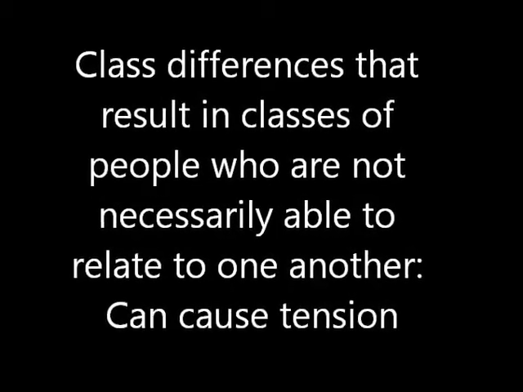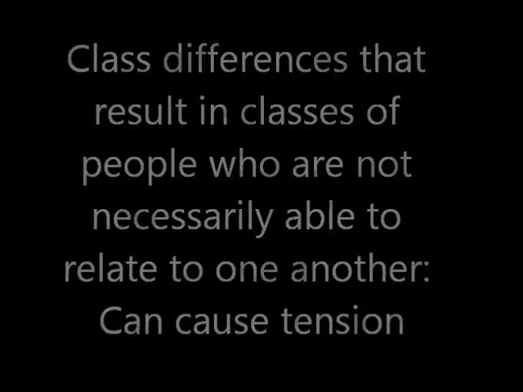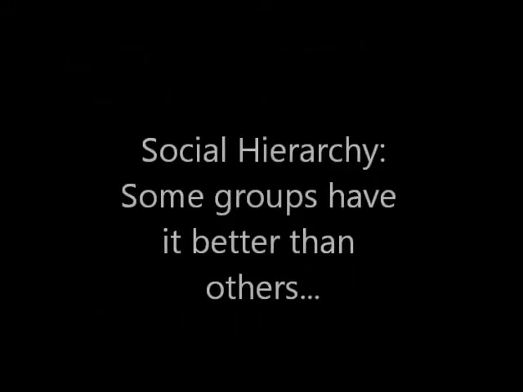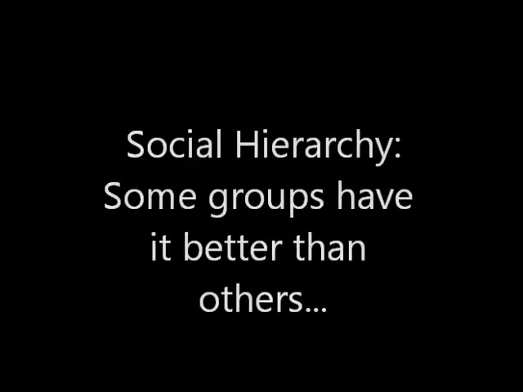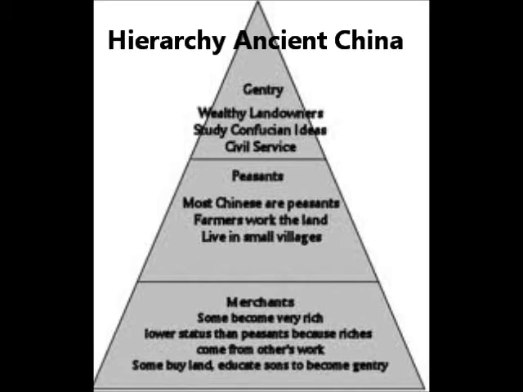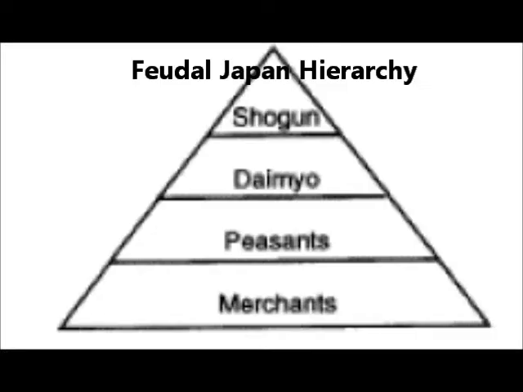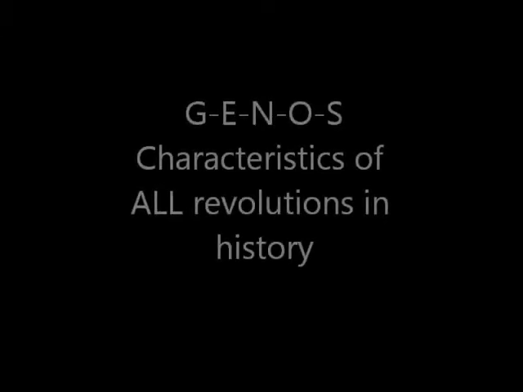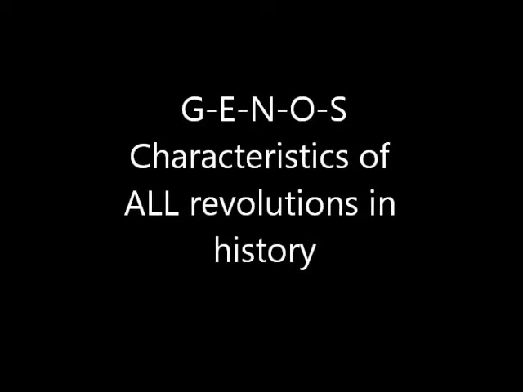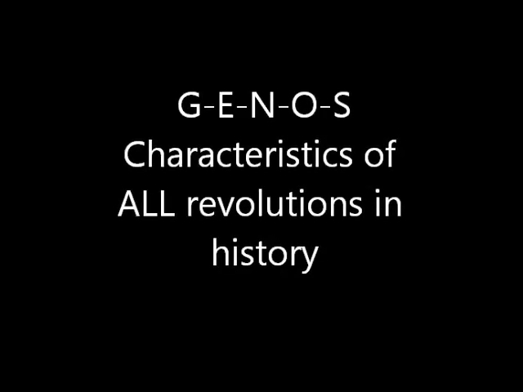Ha ha. All right, so basically when you have social inequality, you're going to see a social hierarchy of some sort in which some groups of people have more privileges than others. And this is going to lead to people on the bottom naturally demanding more political, economic, or social rights. So G-E-N-O-S, Genos. All revolutions in this unit will reflect Genos.